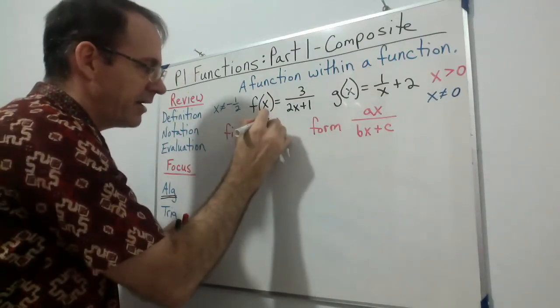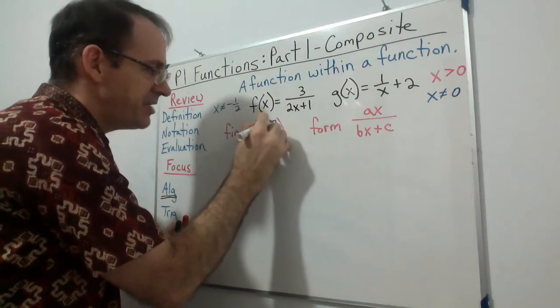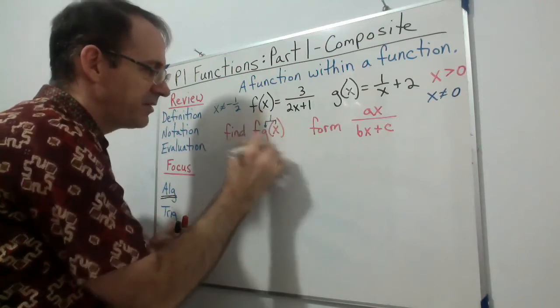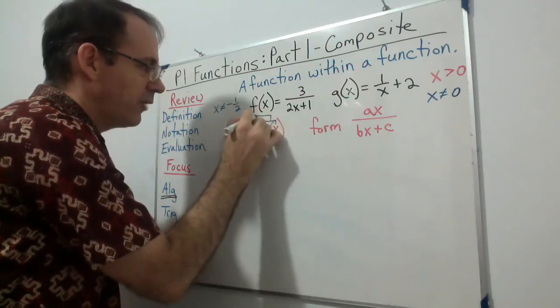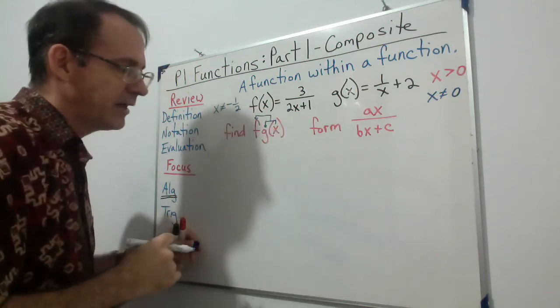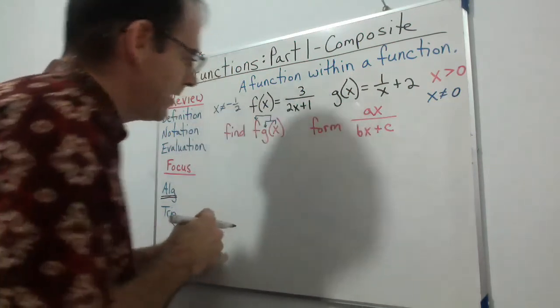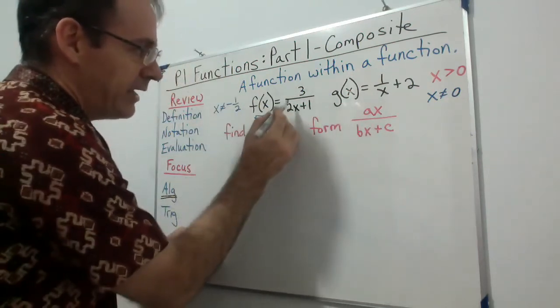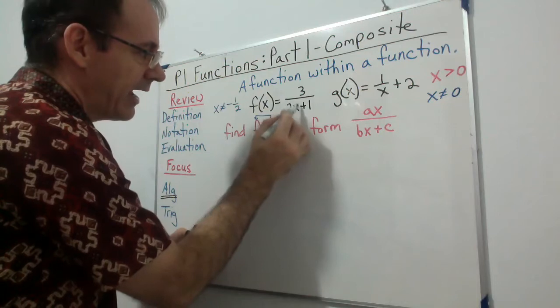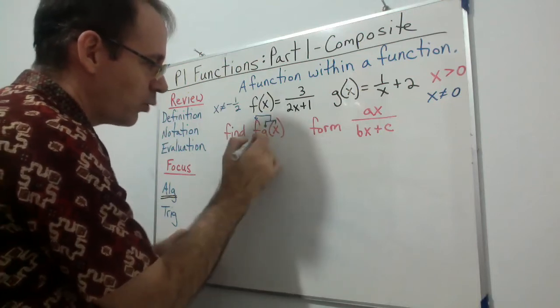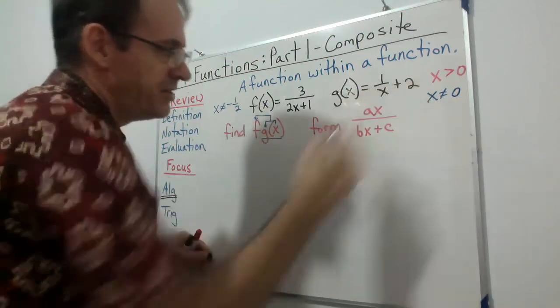So there's nothing there. Then this g function is now going to be placed into the f function. Work from the inside out. And so that means we have to replace our x in the f function with the g function.